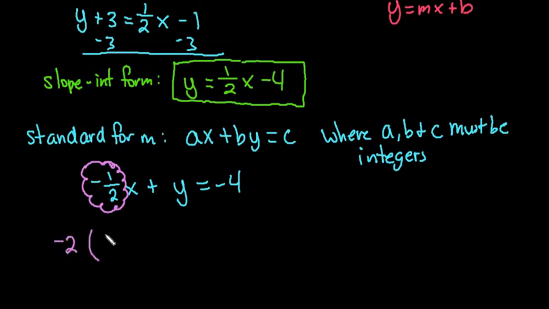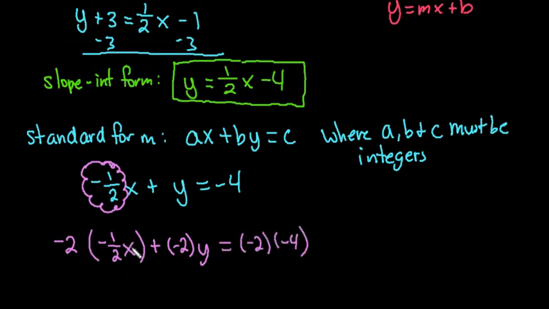So I would do -2 times -1/2 x. That way you don't have to do the negative. A lot of times we tend to have the first term positive, but it really doesn't matter. And then we would do -2 times y, and -2 times -4.